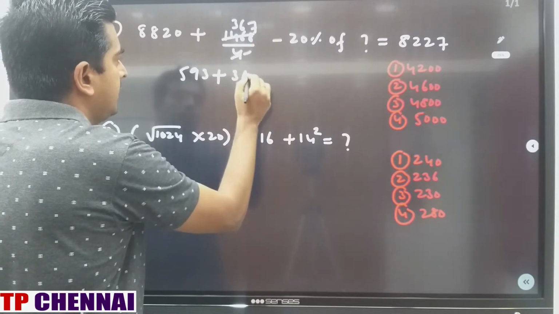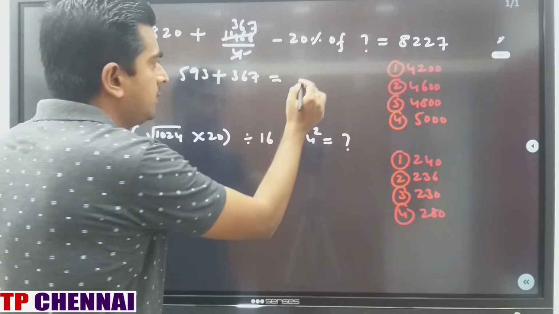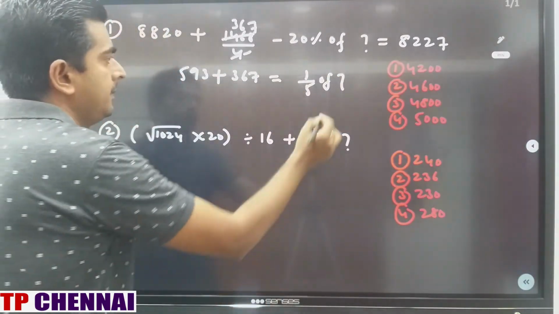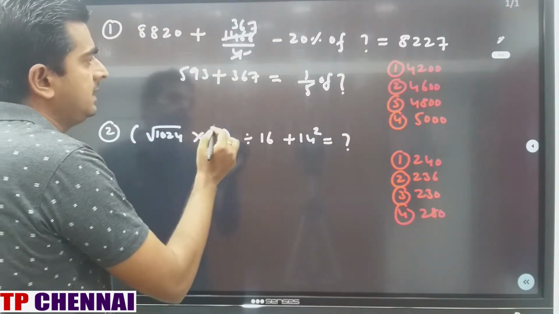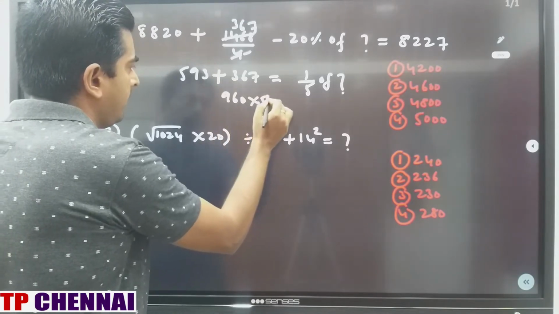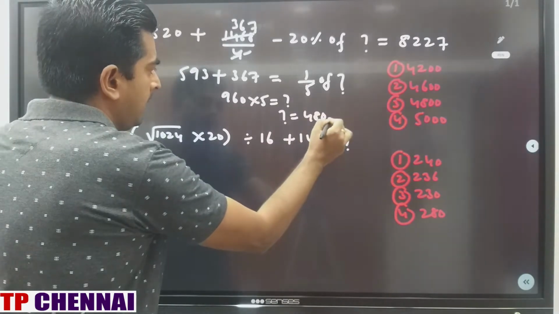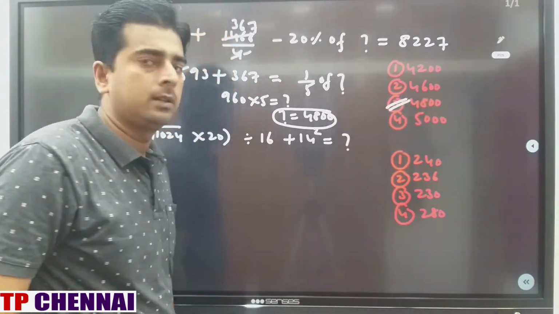This is 367 is equal to question mark. 20% of question mark is 1 by 5 of question mark, right? So this is how much? 960 into 5 is equal to question mark is equal to 4800. My answer is 4800, which is third option.